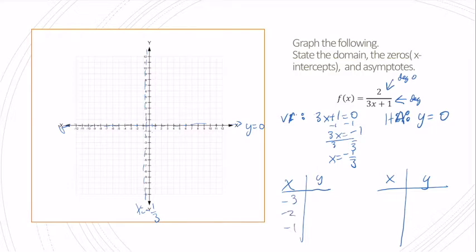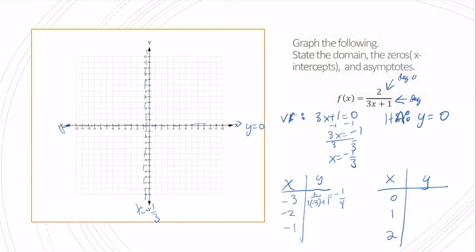So if I have 2 over 3 times negative 3 plus 1, that becomes 2 over negative 9 plus 1, which is 2 over negative 8, which is negative 1/4. So when x is negative 3, y is negative 1/4. So we're below the x-axis. I'm going to plot that in green.